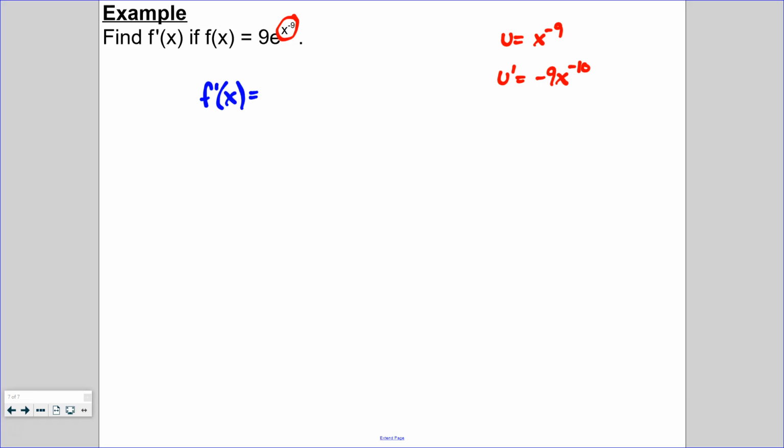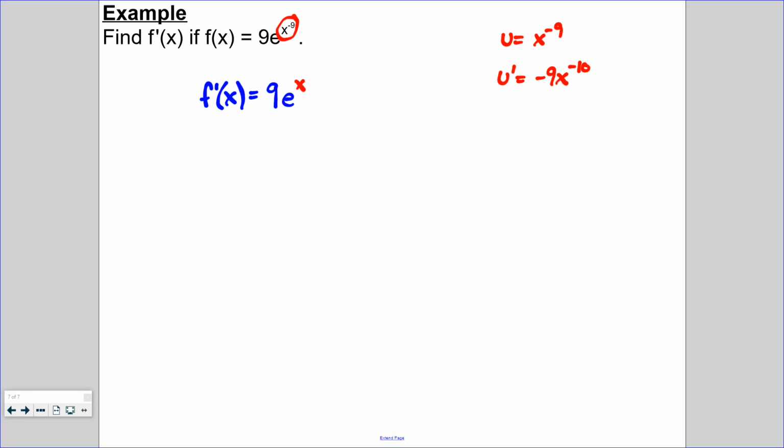So f prime of x, let's see, remember we said we don't have to take the derivative of coefficients because we can factor them out of the derivative, so the 9 will stay alone. Then we can take the derivative of the composite function, which says take the derivative of the outside first. The derivative of e is just e.